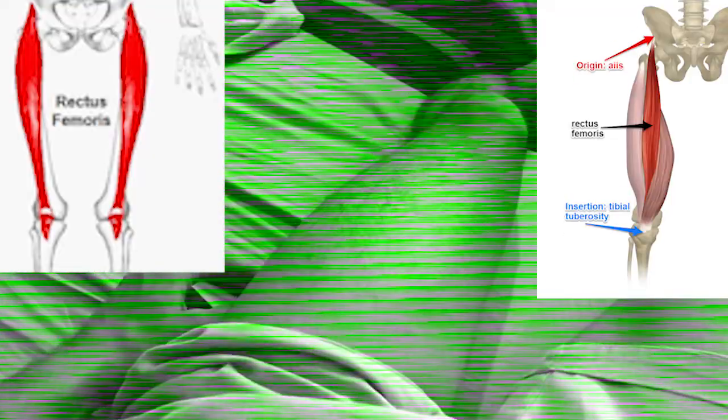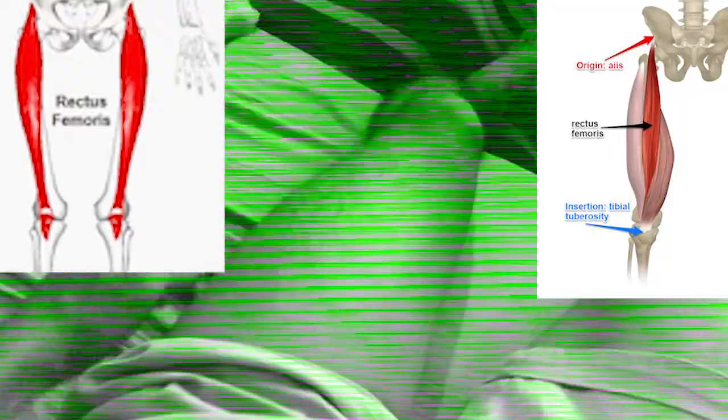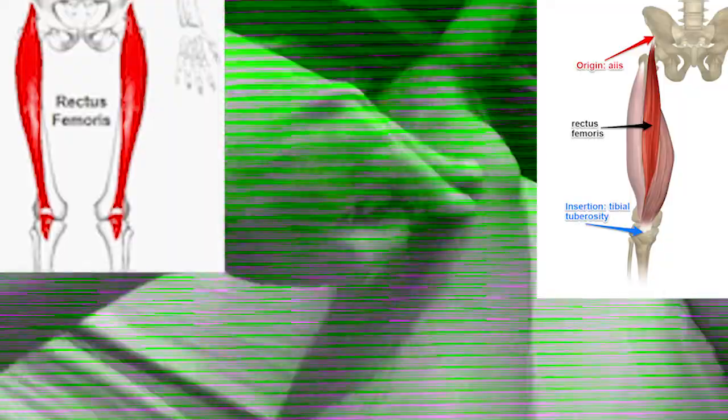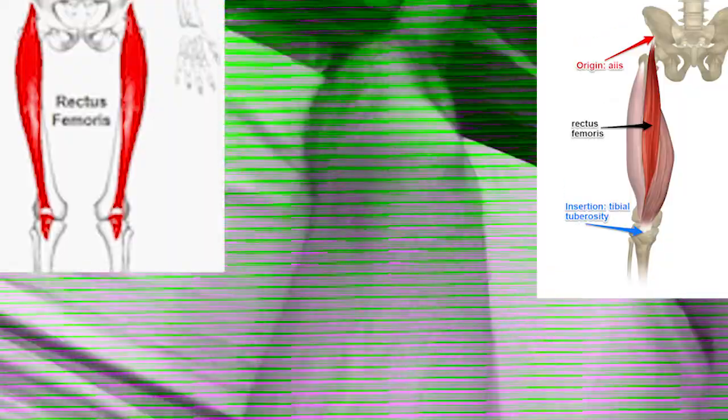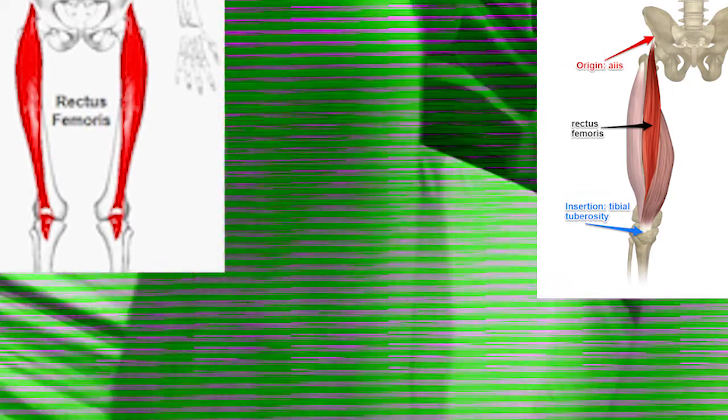Distally, its fibers end in a common insertion tendon, which is also known as the quadriceps tendon, at the tibial tuberosity. Its functions are to flex the thigh at the hip joint and to extend the leg at the knee joint.